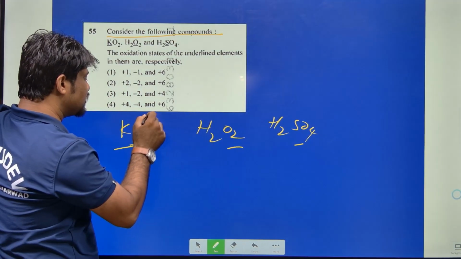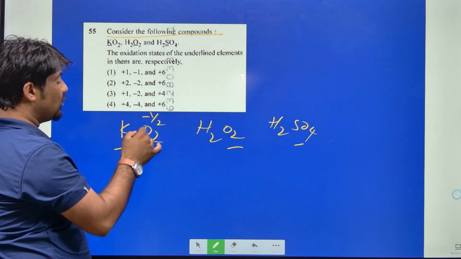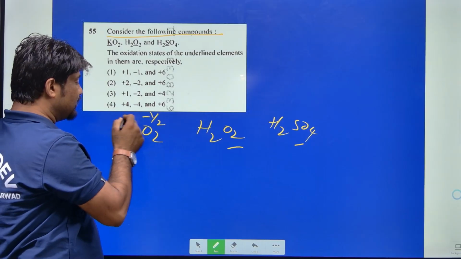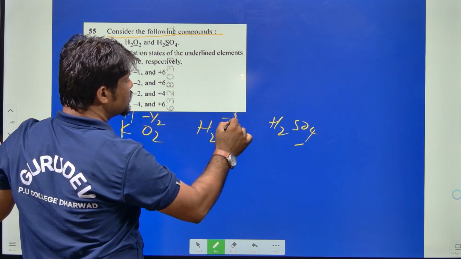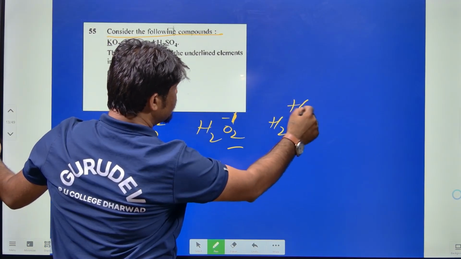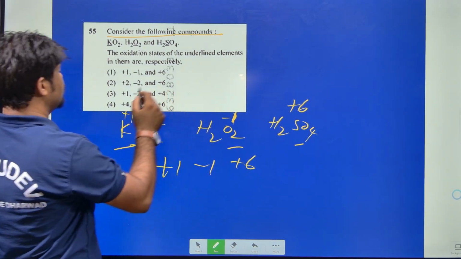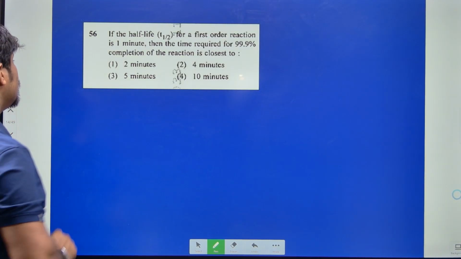In superoxide, the oxidation state of oxygen is -1/2. So here 2 oxygens are there, hence it becomes -1. The oxidation state of oxygen in peroxide is -1. Then the oxidation state of sulfur in H2SO4 is +6. So hence the answer is +1, -1 and +6. Option 1 is the right answer for the question. Go to the next question.